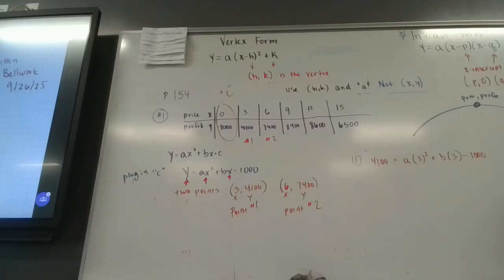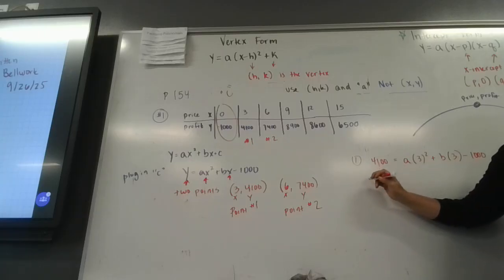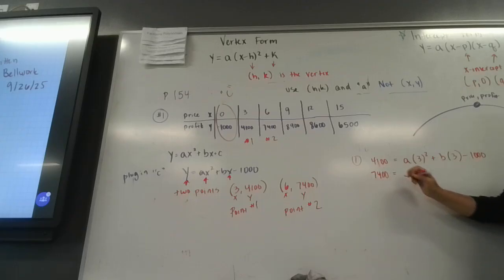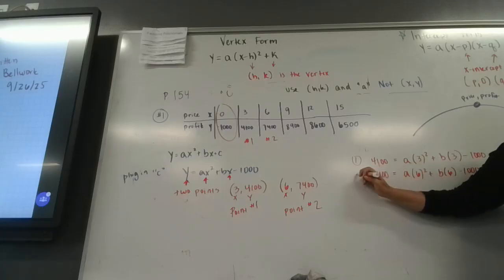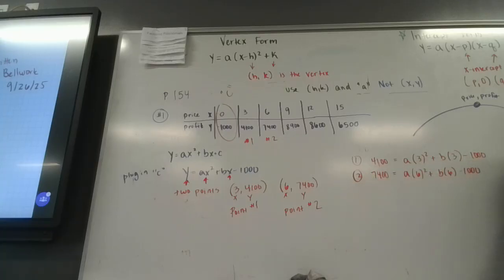So it'll be 9a plus 3b. No, this is equation number 2 with the second point. Oh yeah.